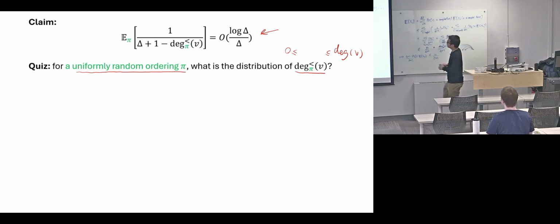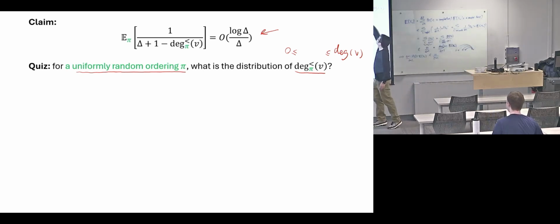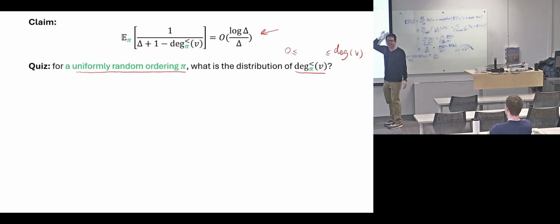So it is a number between 0 and the degree of v. But what do you think is the distribution of this one when pi is random?